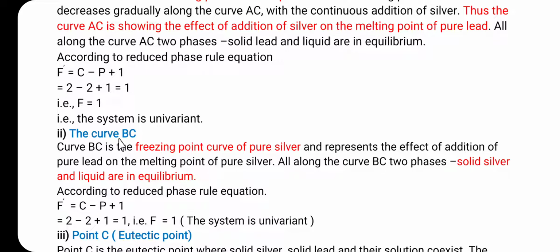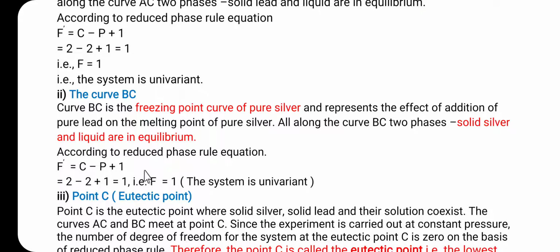Then the curve BC is the freezing point curve of pure silver and represents the effect of addition of lead on the melting point of pure silver. Along the curve BC, two phases, solid silver and liquid, are in equilibrium. Again according to the phase rule, F is equal to 1, that is, the curve BC is univariant.